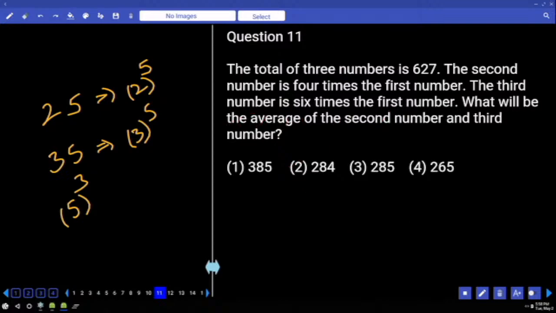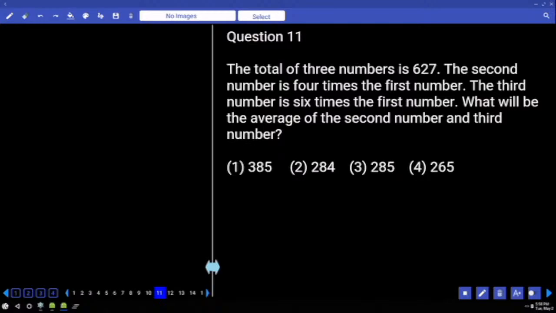The total of 3 numbers is 627. The second number is 4 times the first. The first number is x, the second number is 4x. The third number is 6 times the first, so the third number is 6x. The total of these 3 numbers is 627. That means 1 plus 4 plus 6, 11x equals 627. So x equals 57.